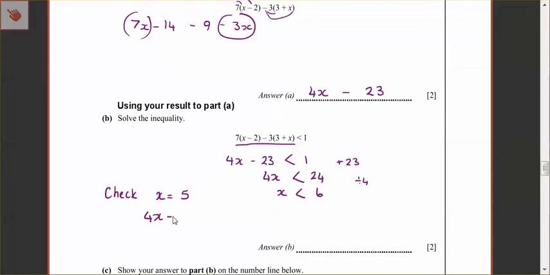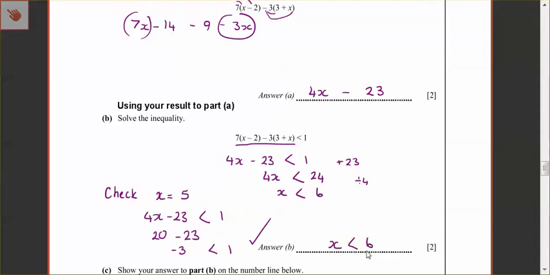So 4x minus 23 should be less than 1 when x is 5. So 4x is 20, minus 23 is minus 3. Is minus 3 less than 1? Yes, it is. So we know that x must be less than 6.